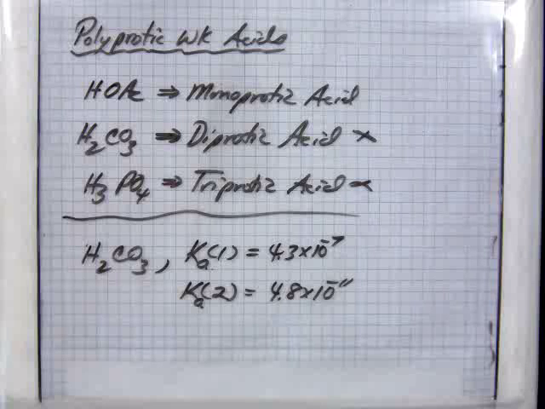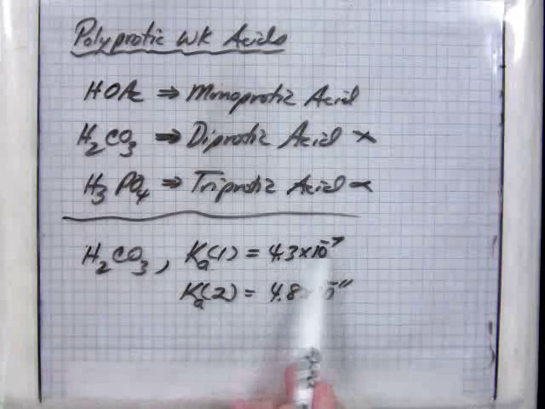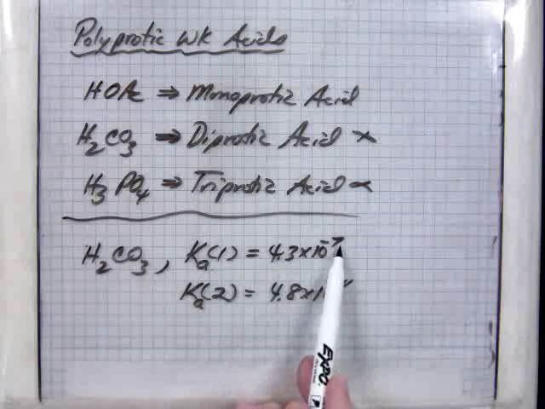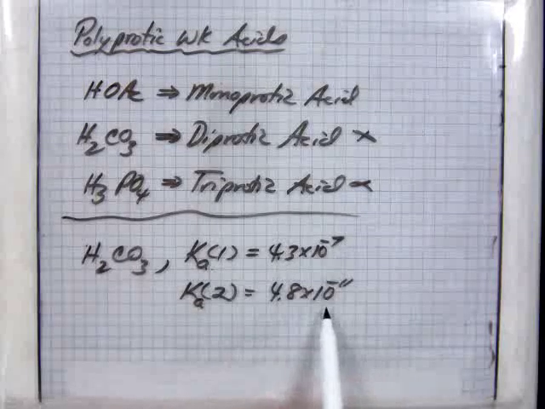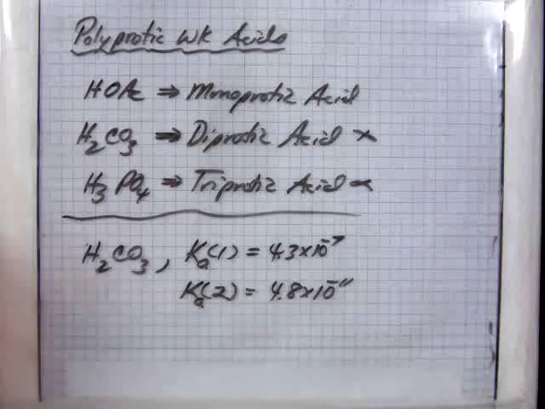Now, what I want you to focus on for a second is the size of the first ionization step. It's 10 to the minus 7, and the second one's 10 to the minus 11, a significant drop in magnitude of the K value. Well, what does that mean?